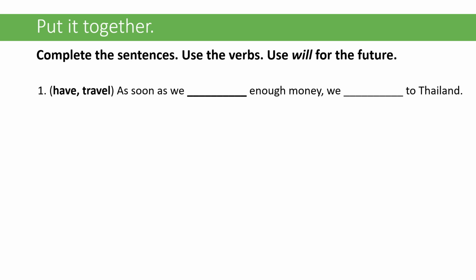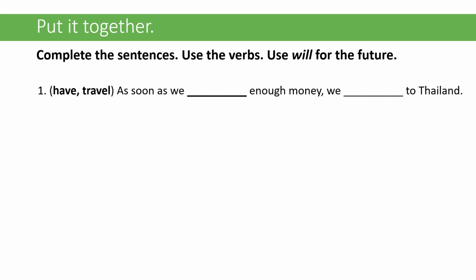So we want to complete the sentences, use the verbs, use will for the future. Okay, so we have two verbs here. So one verb is going to go here, and one verb is going to go here. So remember, in the time clause, we want to use the simple present form of the verb, and in the main clause we want to use the future using will.